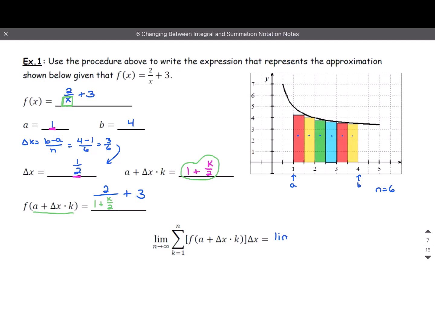So this is going to be the limit as n heads to infinity of the summation as k goes from 1 to n of, now our f of a plus delta x times k is 2 over 1 plus k over 2 plus 3, times our delta x, which is 1/2. And now we have our limit.